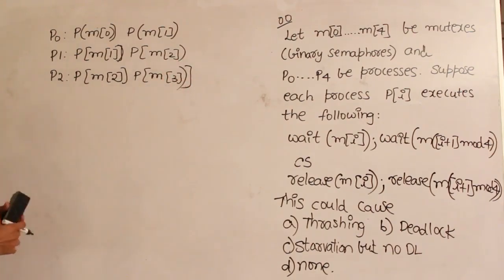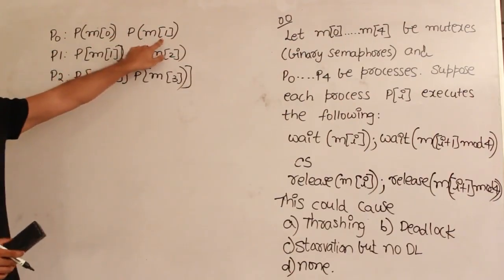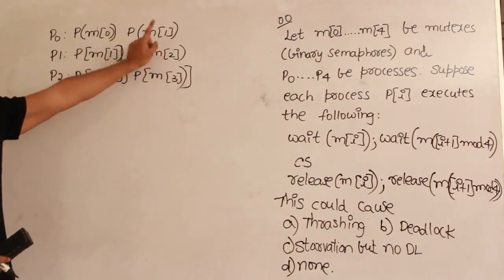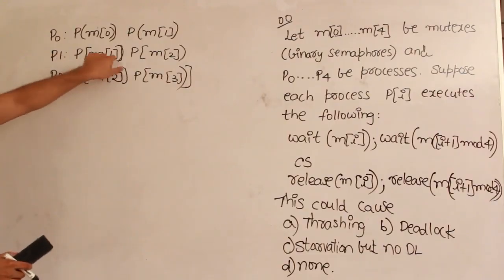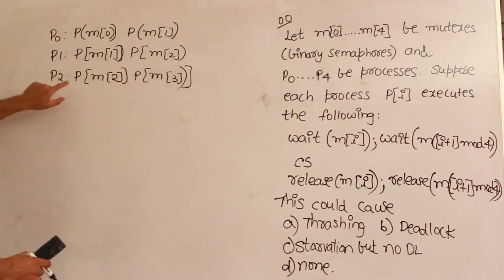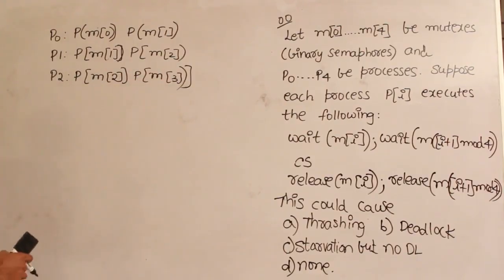See, now P0 is nothing but i and (i+1) mod 4. It is nothing but 0 and 1, since 0 plus 1 mod 4 is 1. And P1 is i, which means 1, and then 1 plus 1 mod 4, which is nothing but 2. And P2 is 2, and then 2 plus 1 mod 4, which is nothing but 3, like that.